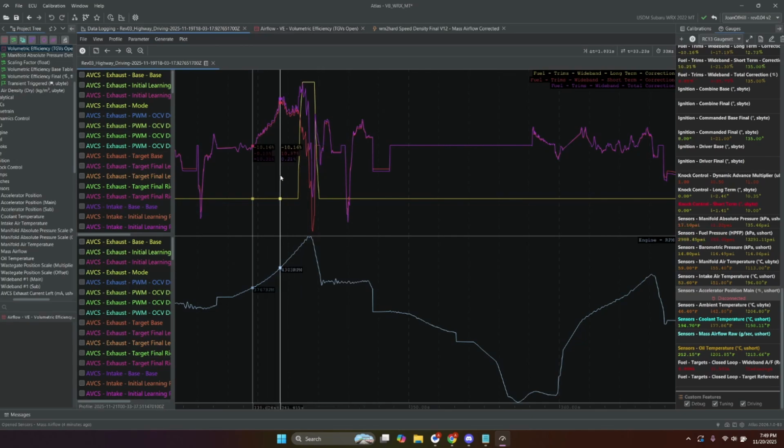So yeah, we're not aiming for any specific VE. We use VE to dial in and make our mass airflow output, because that's what we're taking over, the mass airflow sensor. We just took it over completely with this hook. To make that as accurate as physically possible, we're changing the VE table. But we're not aiming for anything VE-wise. We're aiming for trims to be 0%.